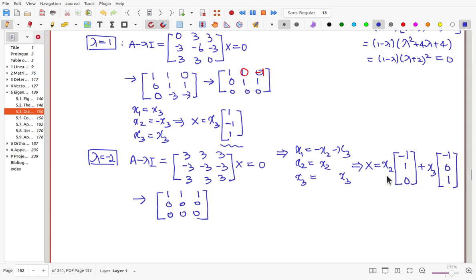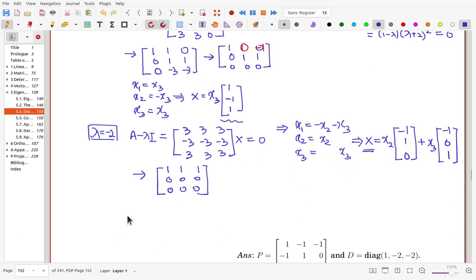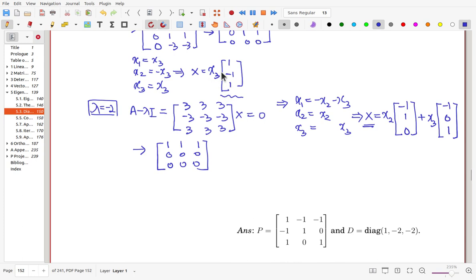Okay. In fact, x2 and x3 are arbitrary, but for this vector x to be an eigenvector, they cannot be 0 simultaneously. Okay. So we have 3 linearly independent eigenvectors. This one, that one, and that one. So you may form P by collecting these 3 vectors.